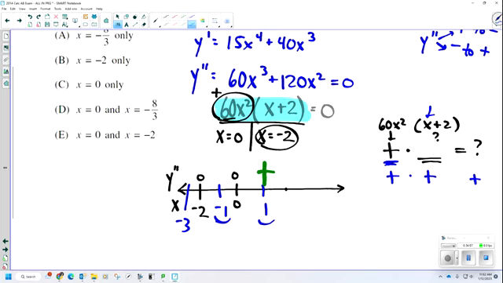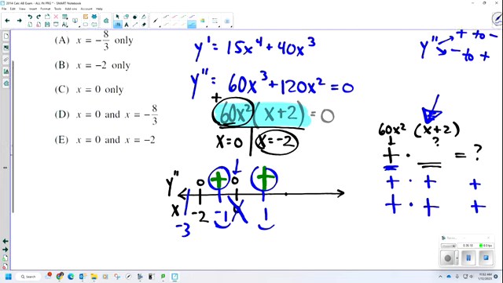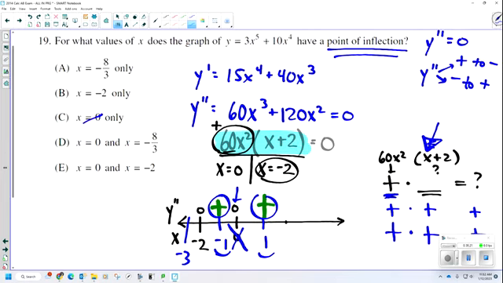If I throw a negative 1 in for this x, negative 1 plus 2 is still positive. So it would still result in positive here. So even though there's a 0 here, the sign of my second derivative does not change. So it can't happen at 0.